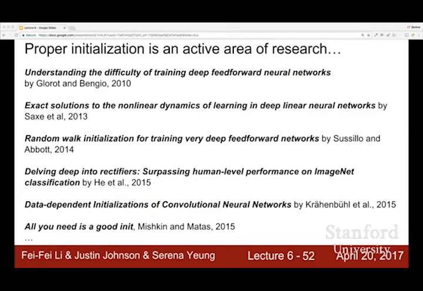So proper initialization is still an active area of research, and if you're interested in this, you can look at a lot of these papers and resources. A good general rule of thumb is basically to use the Xavier initialization to start with, and then you can also think about some of these other kinds of methods.